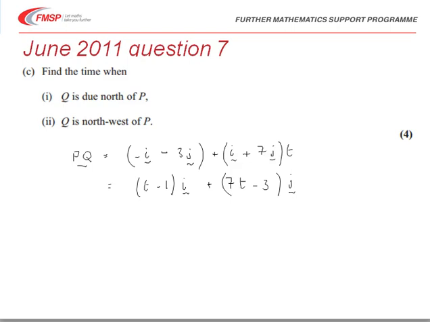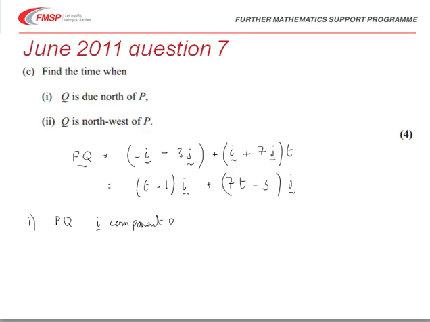The reason for doing that is that we can interpret this as the position of Q relative to P, and if Q is due north of P, then the vector PQ must have an i component which is 0. In other words, if it's due north, the easterly part of the vector is 0.